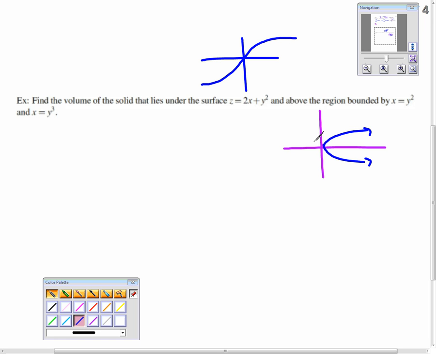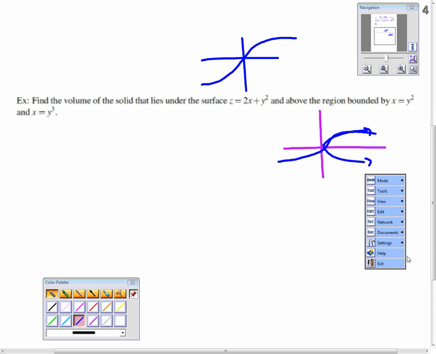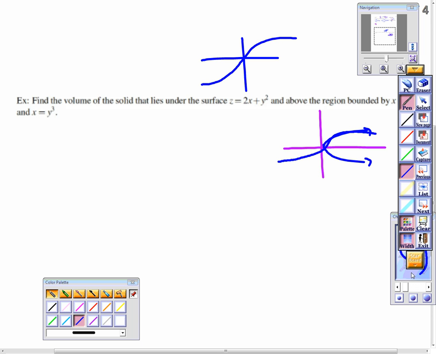Do they cross? Is it above? Is it below? What's going on here? It's not clear to me. They'll intersect at 1, 1, won't they? Let's see. x equals y squared and x equals y cubed.